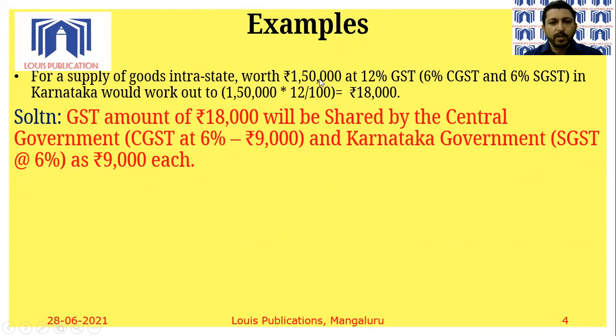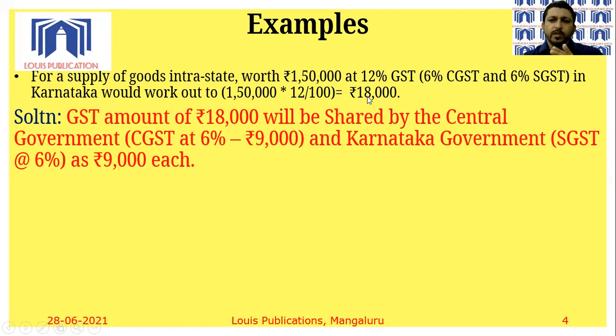And this 18,000 will now be shared between the central government and the Karnataka government. So goods are supplied intrastate in Karnataka. Half of the revenue, that is half of 18,000, 9,000, will be given to the central government, and the Karnataka government will earn 9,000 as its share of GST in this particular transaction.